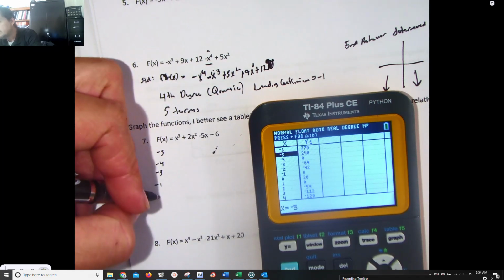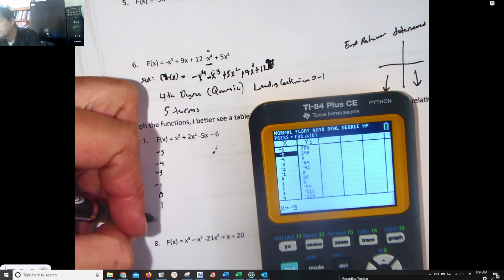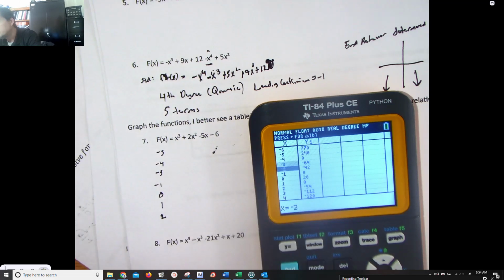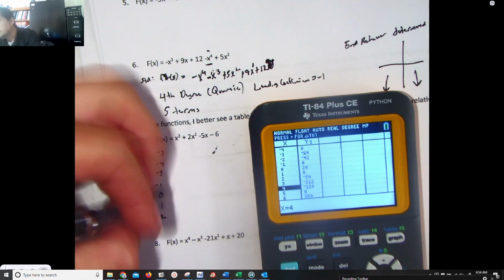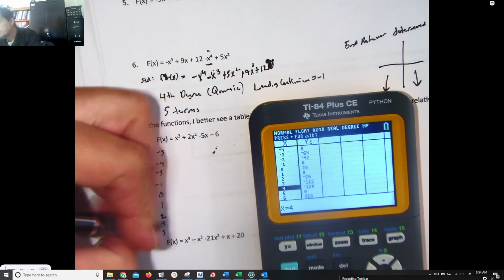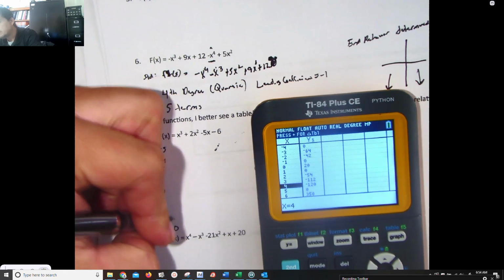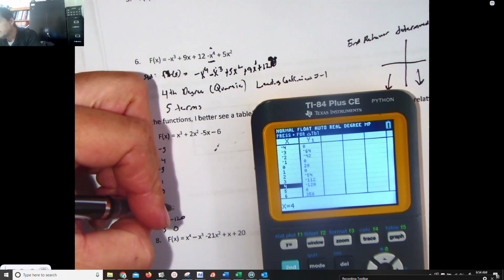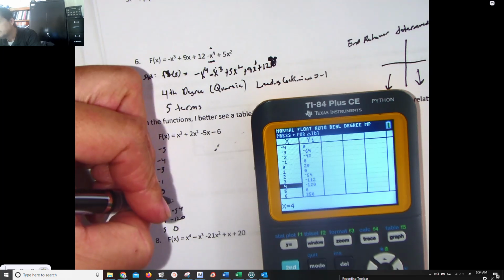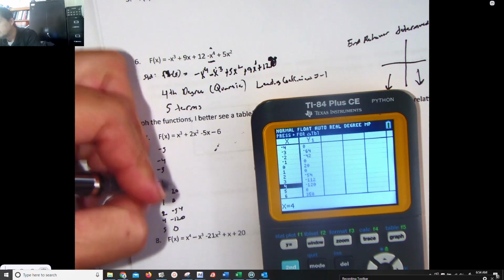Negative 1, 0, 1, 2. Something happens around 4 to 5, because we are turning there. There's called a turning point there. But I'm literally just getting my table from the calculator.